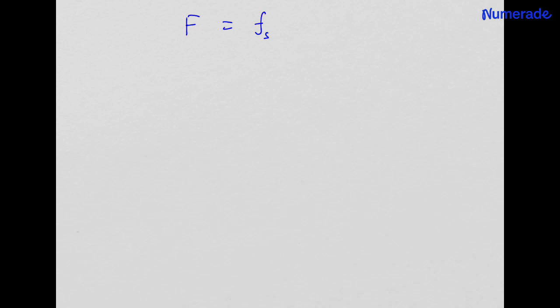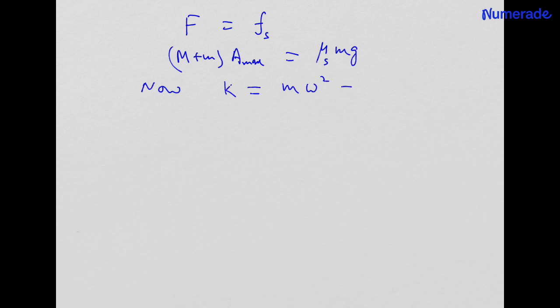This capital F will be given by the product of the combined mass, M plus m, multiplied by maximum acceleration a max. And Fs is mu s times the weight of the smaller block only, mg, as the surface is horizontal. Now, using the expression for stiffness, k is the total mass of the system, M plus m, into omega square.